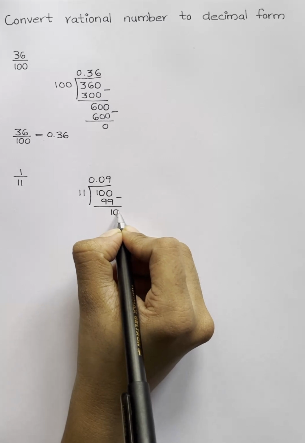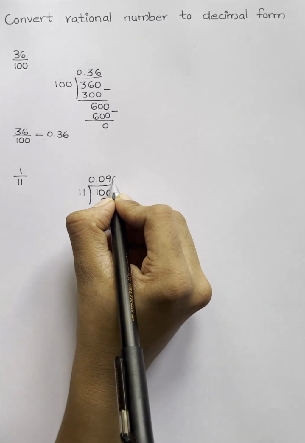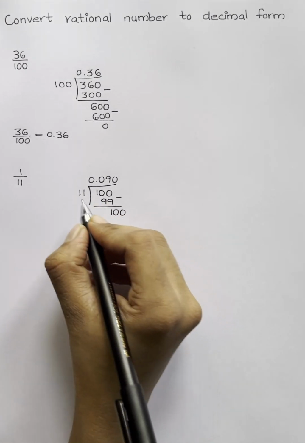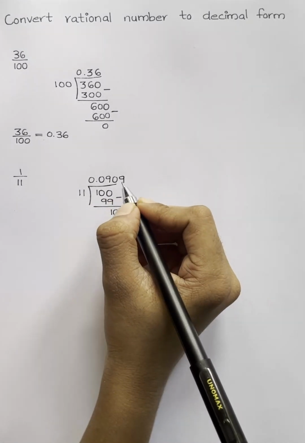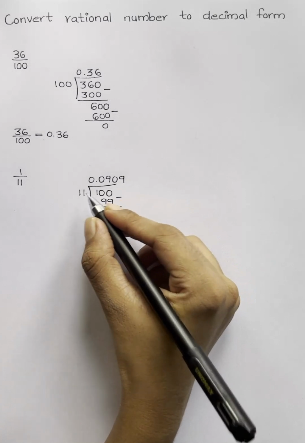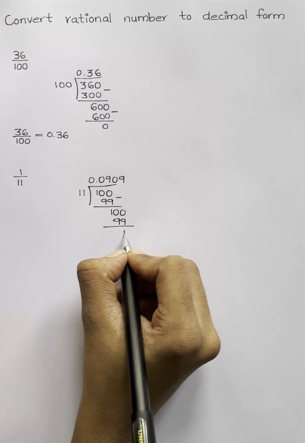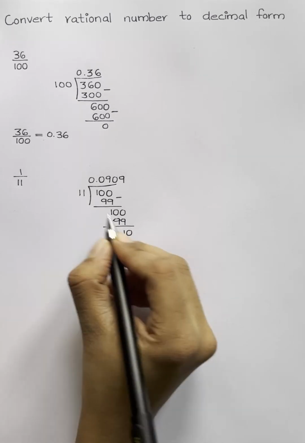Again, we add a 0. 10 can't be divided by 11. So, we add 0 to the quotient and add a 0 in the new dividend. Then 100 by 11 is 9. That is, there are 9 elevens in 100. 9 into 11 is again 99. 100 minus 99 is 1. Add 0. We can't divide 10 by 11.